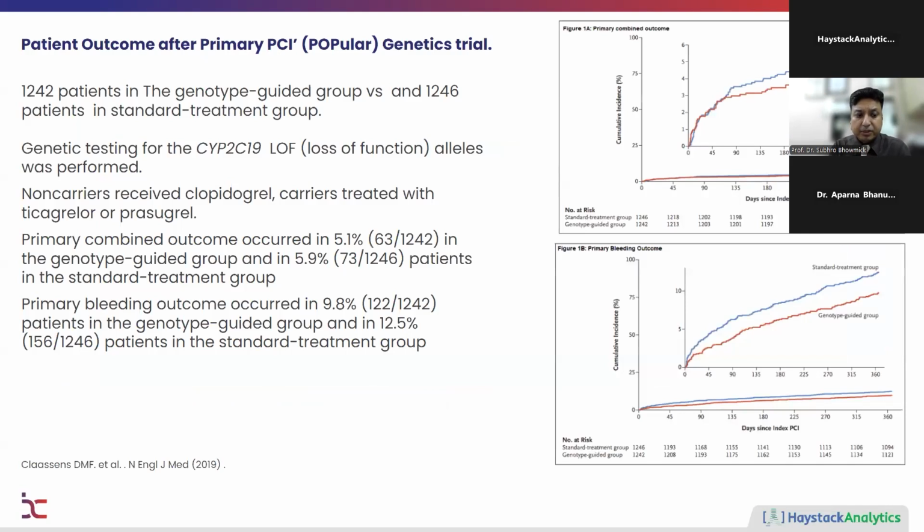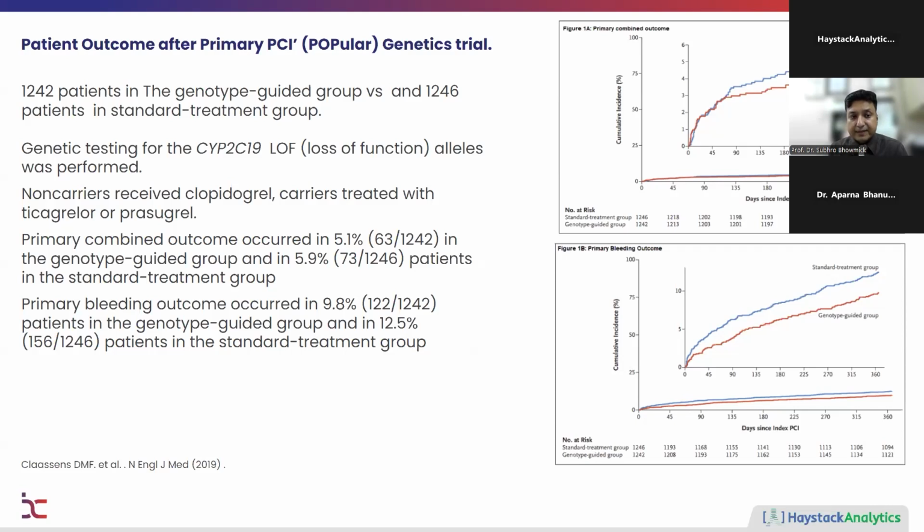This is a paper published by Claassens and group in the New England Journal of Medicine, where around 1,242 patients were in the genotype group, where the investigators knew about the genotypes, and the other group was 1,246 patients in the standard treatment group, but they did not know the genotypes.